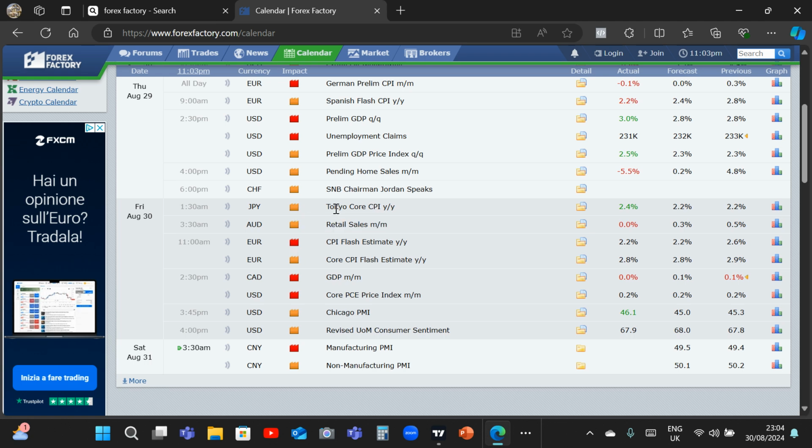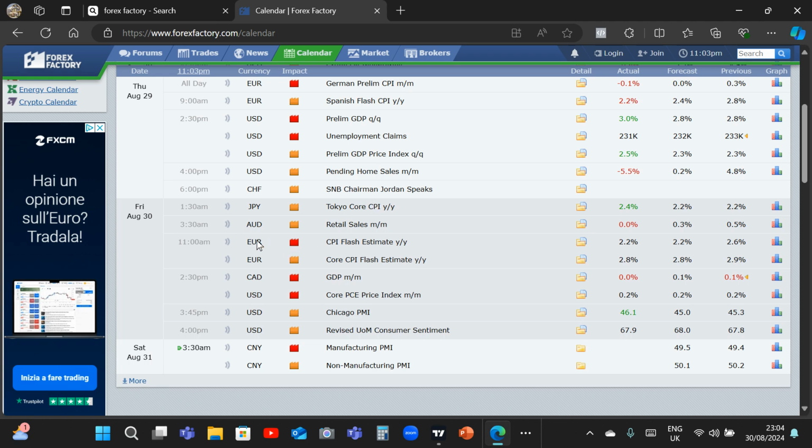All right, you can see this Tokyo core CPI is a medium impact expected, and you should be concerned about the JPY, that is Japanese yen. It depends on your currency pair. If any of your pairs has either as a quote or a base currency the Japanese yen, please look out for this.